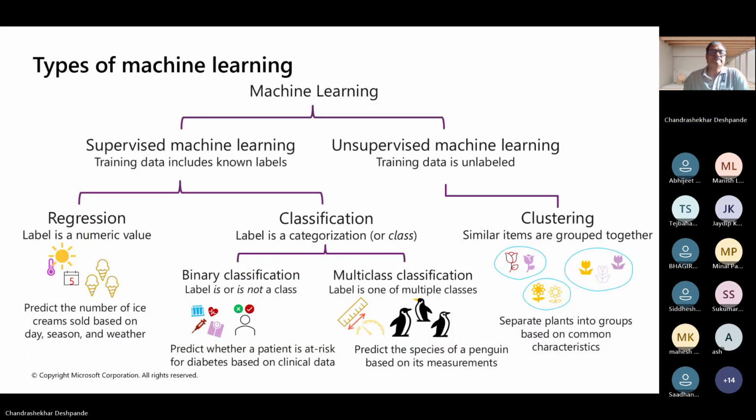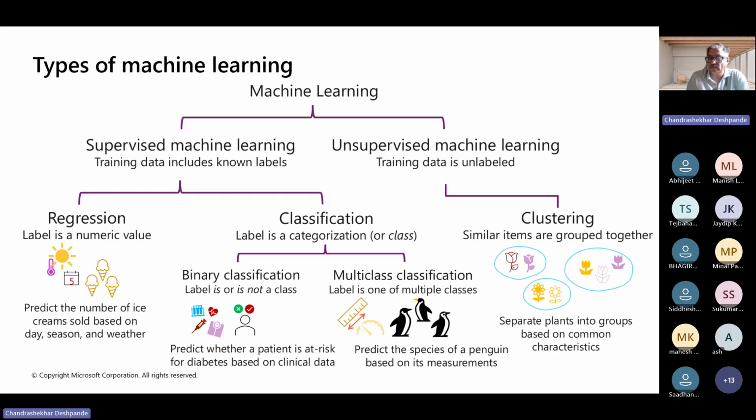Types of machine learning models. There are two types of machine learning models: supervised machine learning and unsupervised machine learning. In supervised machine learning, there are regression and classification. These are different types of machine learning. If you go through the machine learning study in further detail, you will come to know the nitty-gritty about it.